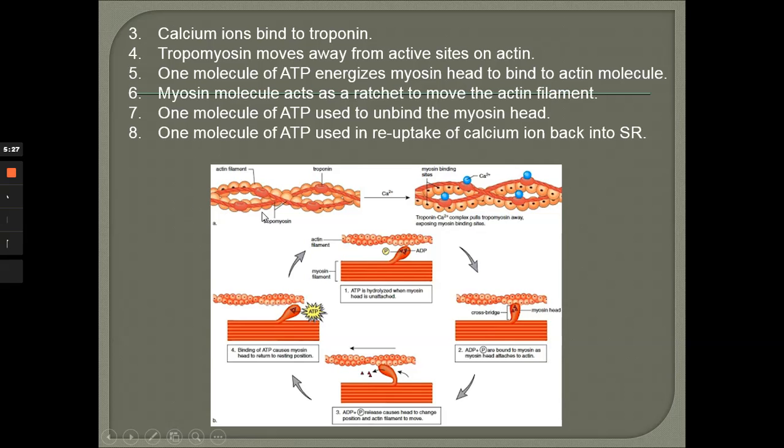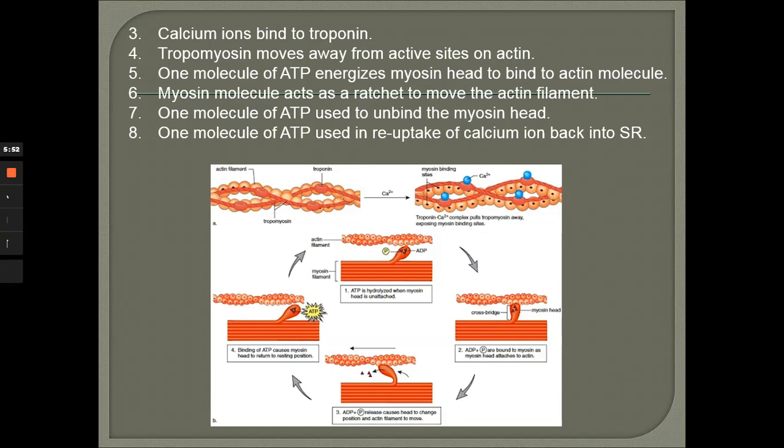Now the calcium gets released. Here comes the calcium. It binds to the troponin. And sometimes when molecules bind to each other, it causes a shape change. And that's what happens here. So the calcium binds to the troponin. It causes a shape change. In technical terms, we call that a conformational change. But it's just a shape change.